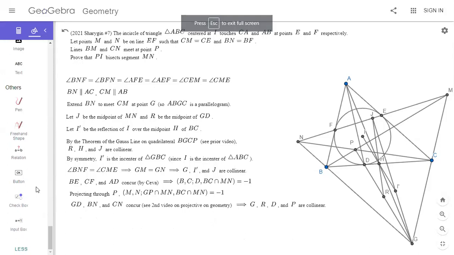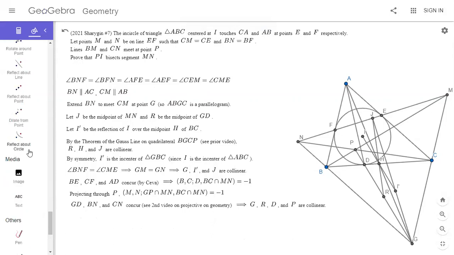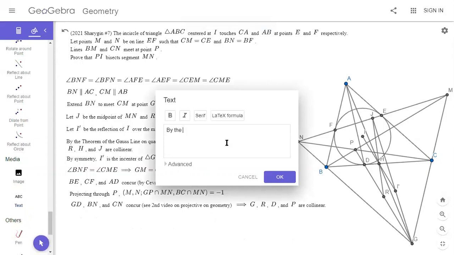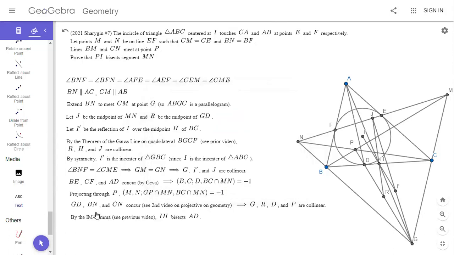Okay, so by the IM lemma, IH bisects AD. I'm not even going to draw that in.